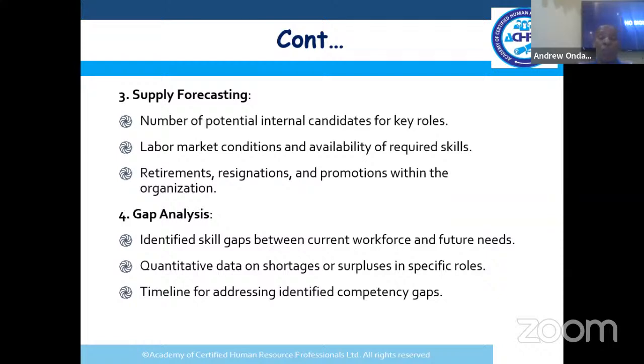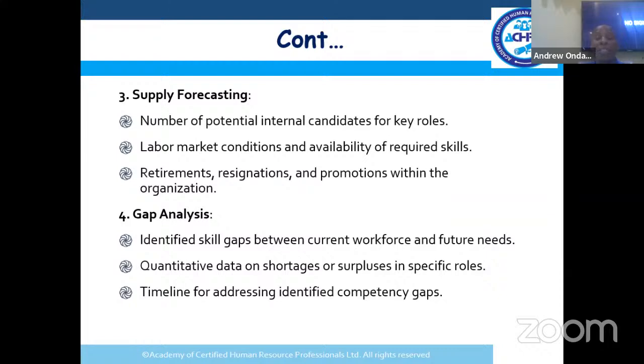Promotions also affect numbers, because a person is promoted to a higher position from a lower position, which means that one, there is a person who has left in a higher position that affected the numbers. Two, there is a vacant position that has been left by a person who is being promoted.